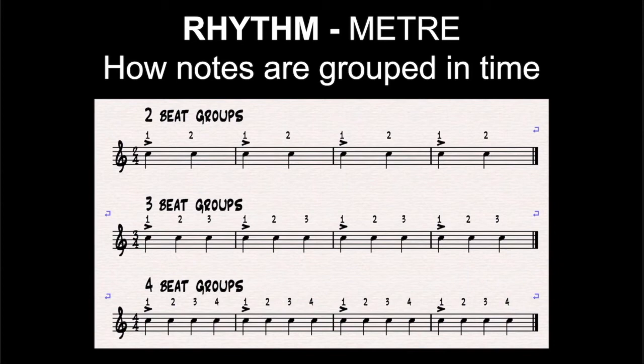So the 2-beat groups would be 1, 2, 1, 2, 1, 2, 1, 2. Now there might be other rhythms to go along with that to make the music more interesting, but you should be able to feel those 2 beats, that strong backwards and forwards between beat 1 and beat 2. 3-beat groups, 1, 2, 3, 1, 2, 3, 1, 2, 3, 1, 2, 3.